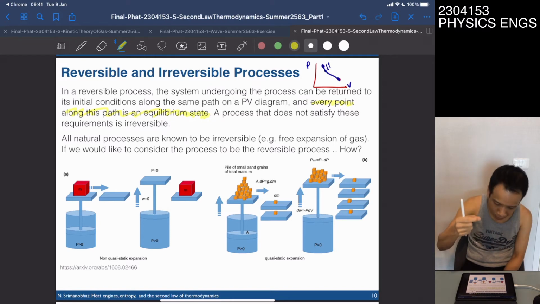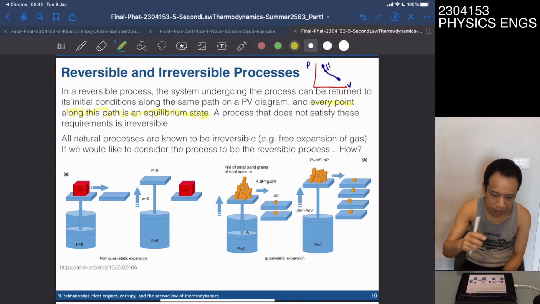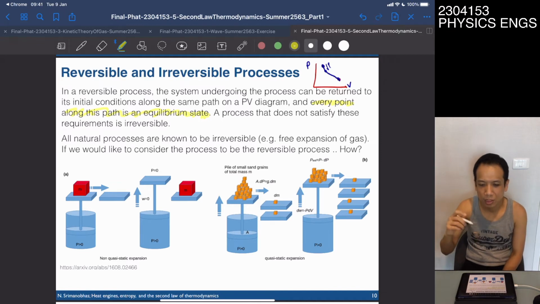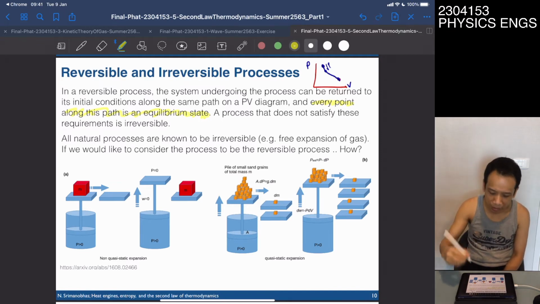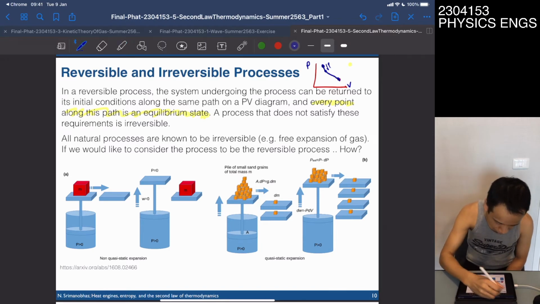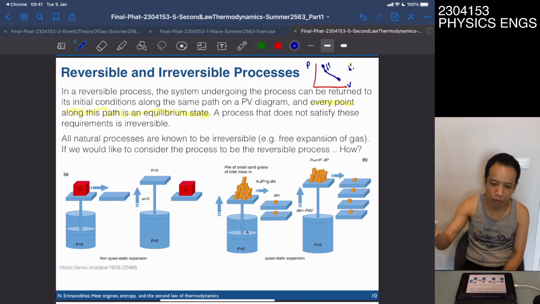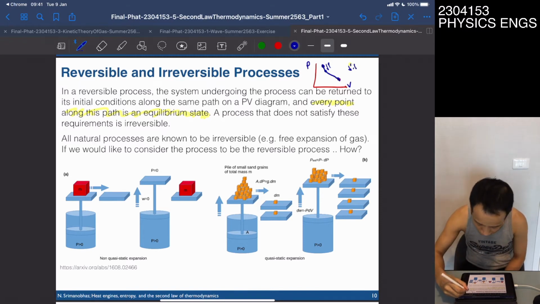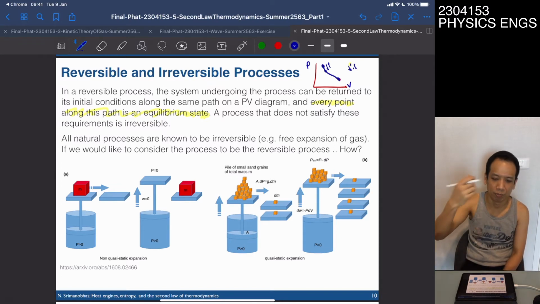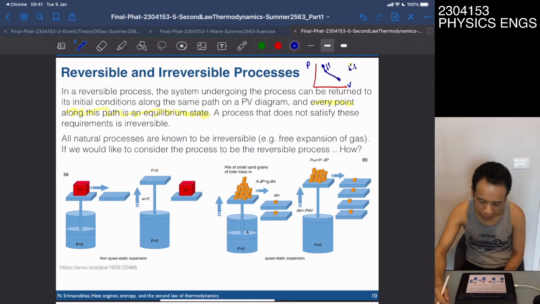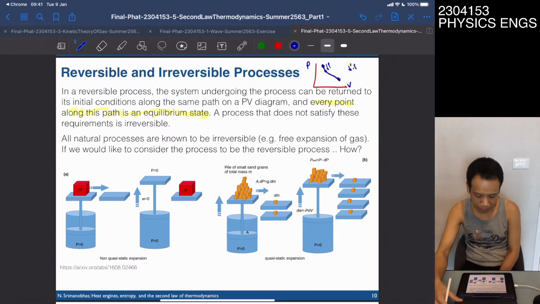You put one grain of sand, weigh, measure, put the dot in the PV diagram, put another grain of sand, measure, and do it like this. It happens very slowly, but it means that if you move from one point to another, you can always take the grain of sand out, and the process can move back to the initial state. This is the concept of the reversible process.